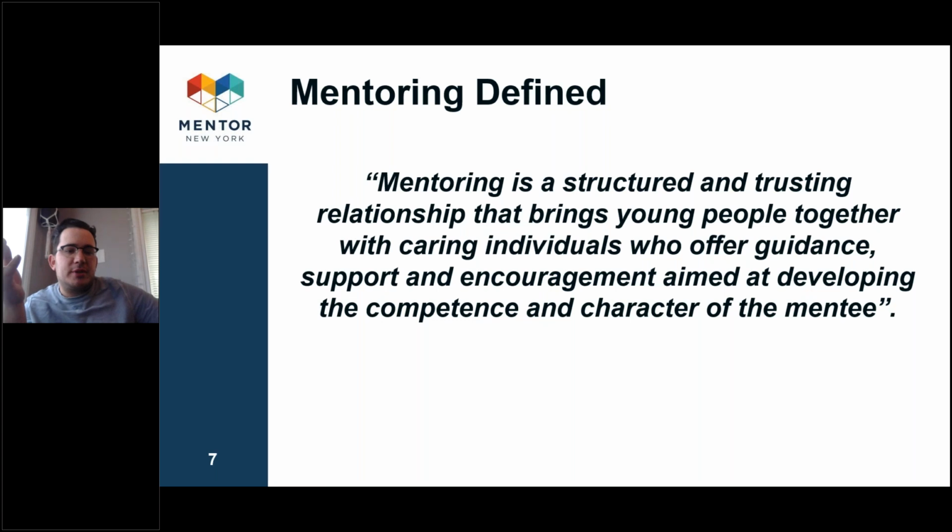Peer mentoring programs. It could be a group or team. It doesn't have to be in person. It doesn't have to be specifically anything, right? It's a structured and trusting relationship where both folks are entering into it saying, this is a mentoring relationship to support young people and developing that competence and character.